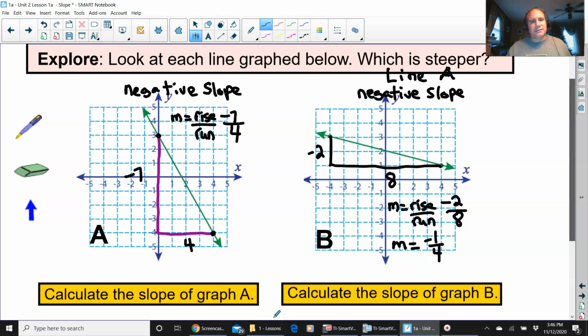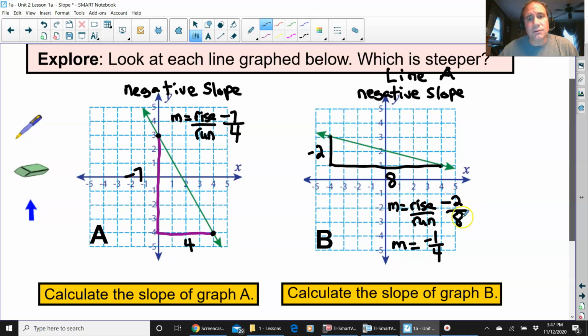Again, you should see that the slope of A is further away from 0. This is -7 over 4, right? It's almost -2. If you divide -7 divided by 4, -1.75. This one is not even close to being a whole, right?